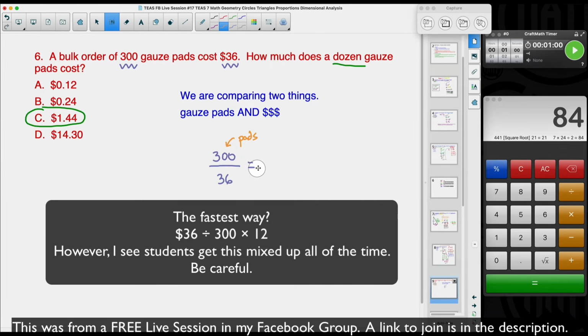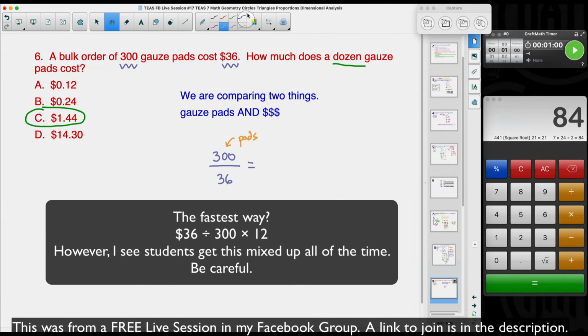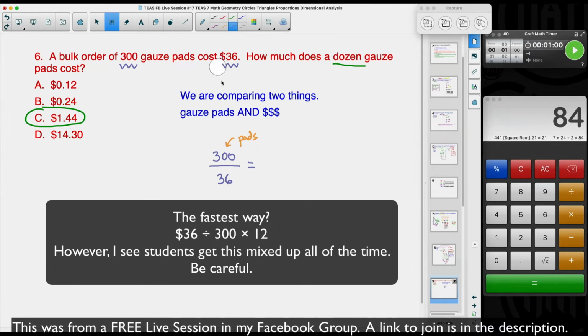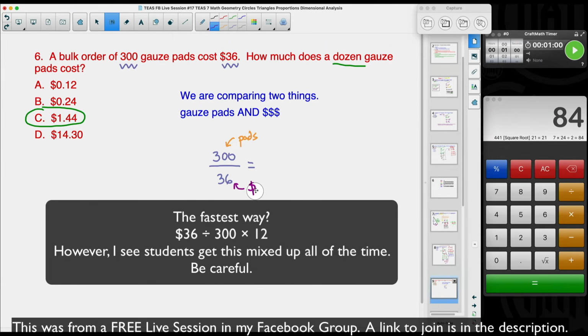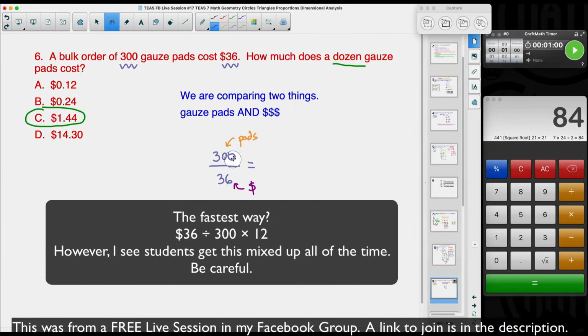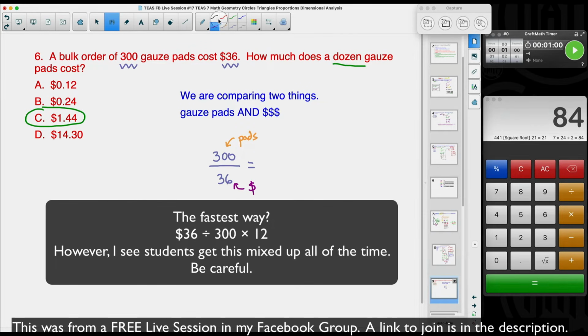That represents the number of pads that we have. Gauze pads. And then what does this 36 represent? The 36 represents how much those 300 gauze pads cost. So what I'm doing here in my proportion is I'm putting the gauze pads at the top, the cost at the bottom. You might not have done it that way. It's okay.